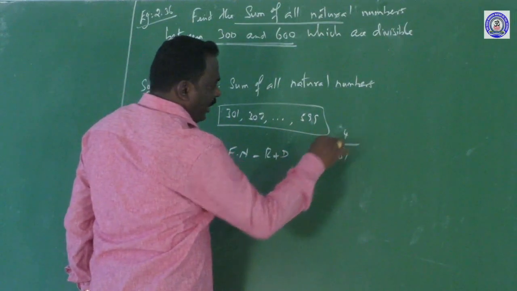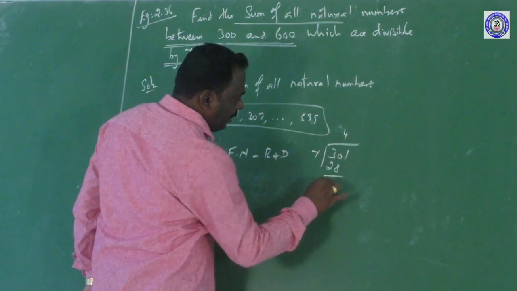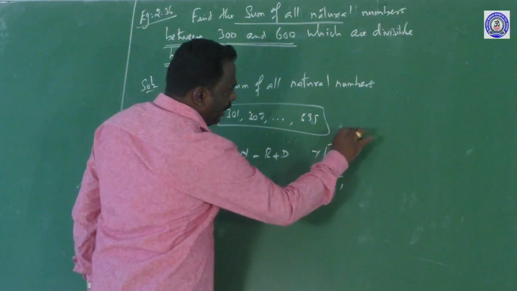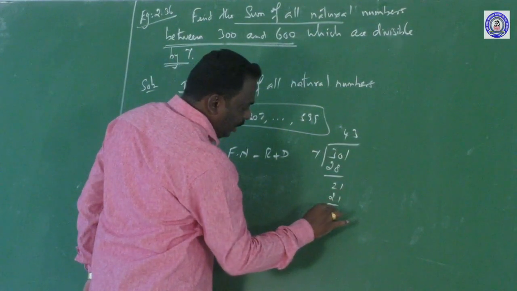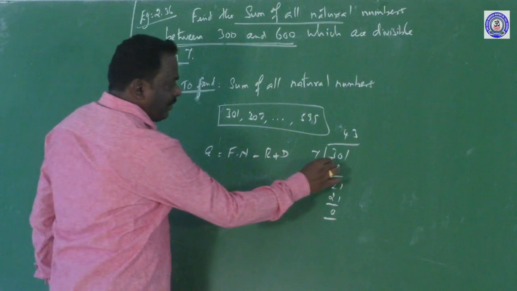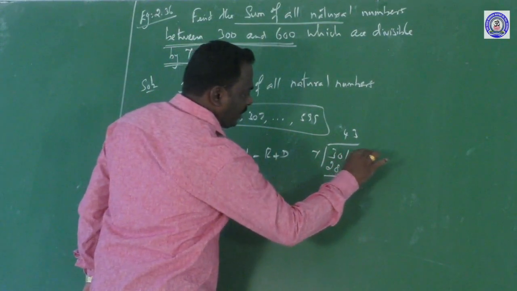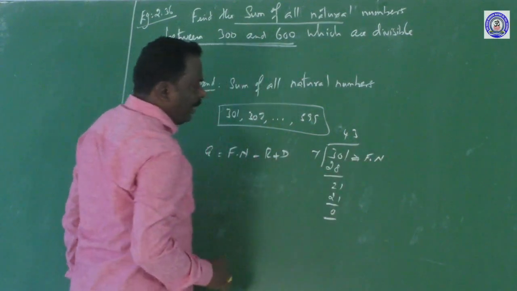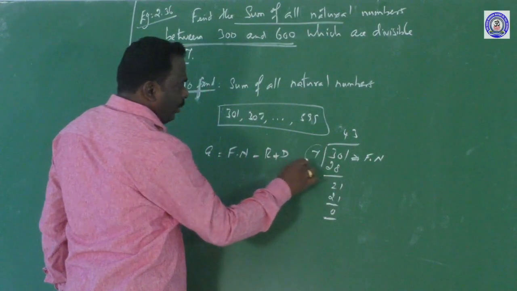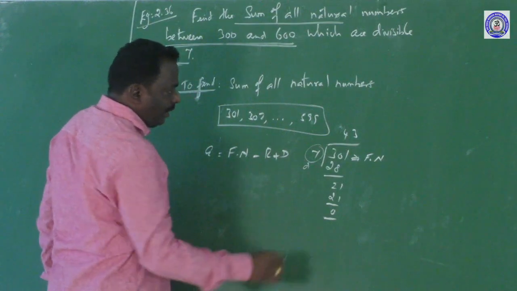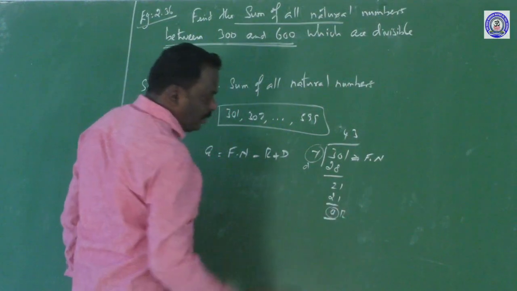What is that? 4 times 7 is 28, remainder 2, 1, and 3 times 7 is 21, remainder 0. Now the first number is defined as 301, the divisor d is equal to 7, and the remainder is equal to 0.